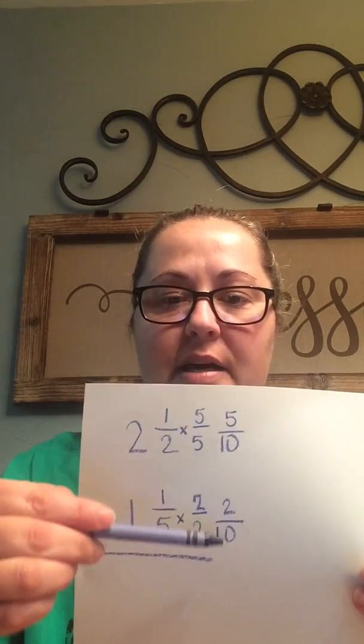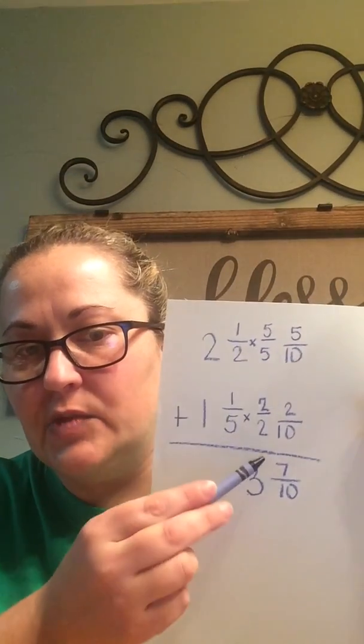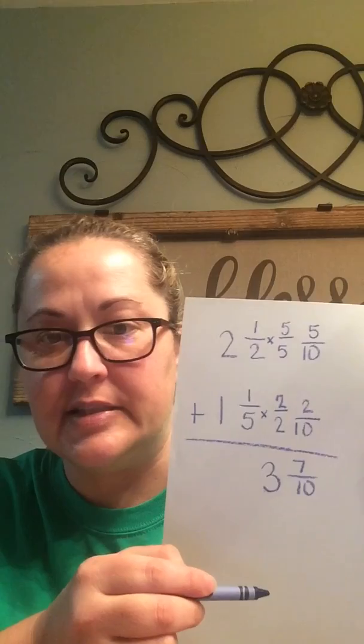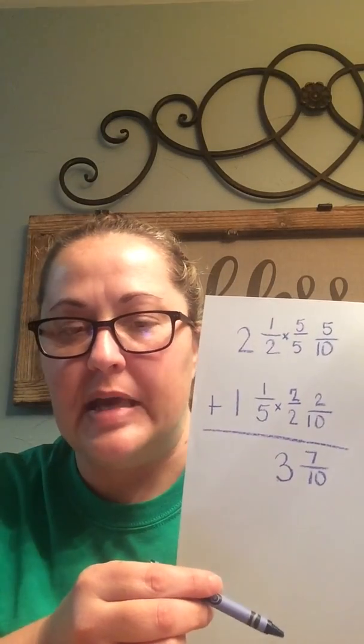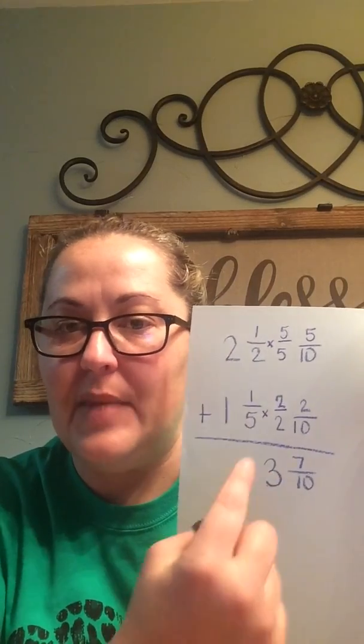So add these up. 5/10 plus 2/10. We're going to get 7/10. And we're also going to remember to add our whole numbers up. 2 plus 1 is 3, okay? The last thing we want to check is that this fraction is in simplest form. Simplest form means that we can't group this in any different way to make it look smaller.